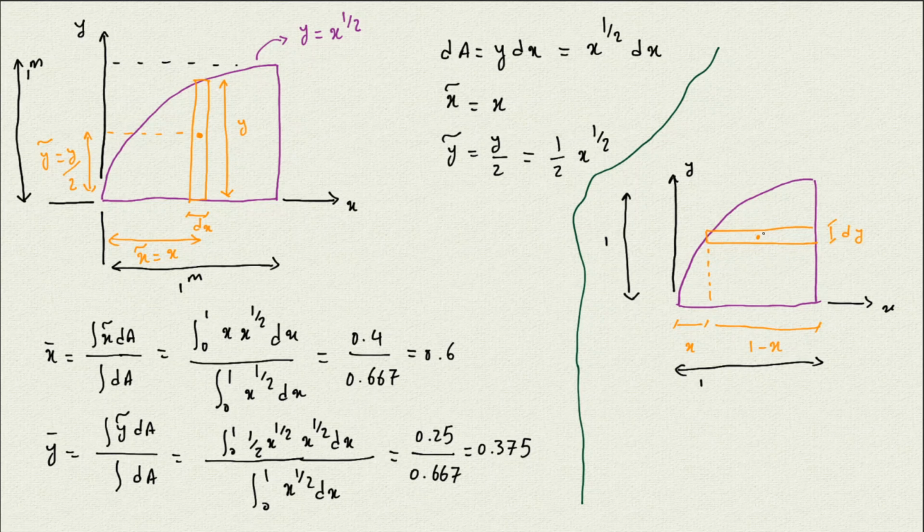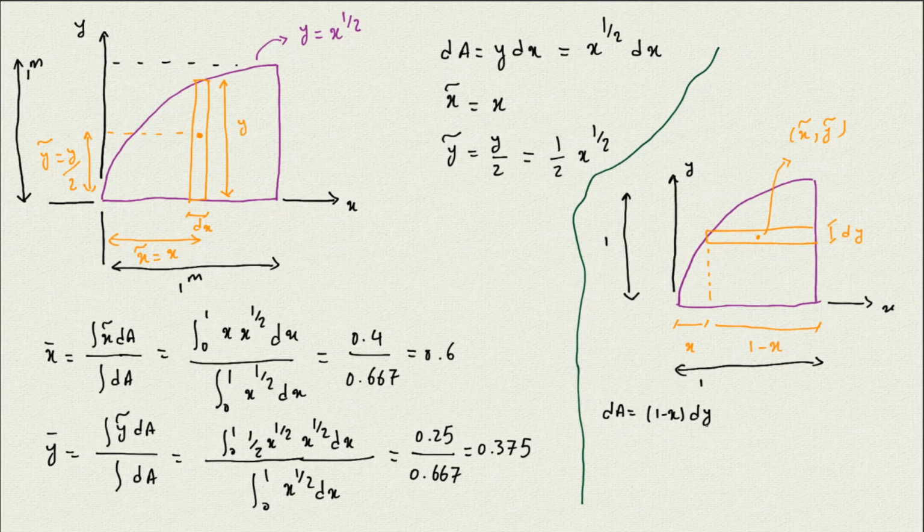So also here I have to find the centroid of the element. Again, I need to find the dA, and this time the dA is 1 minus x dy. So it's the area of the element, 1 minus x dy.